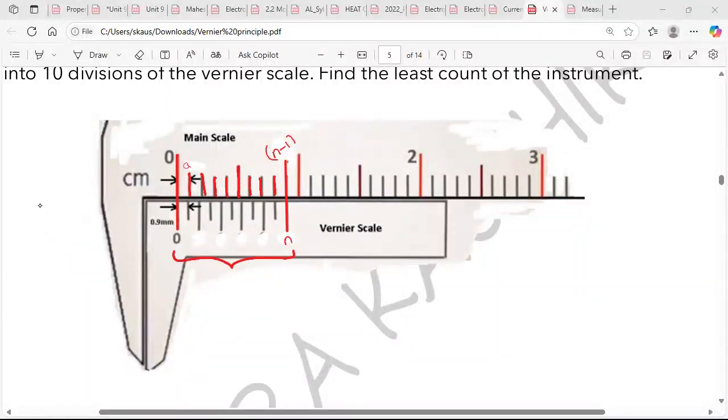What is the size of a Vernier scale division in terms of the variables given? The least count is A, and n minus 1 divisions of the main scale are divided into n divisions of the Vernier scale.